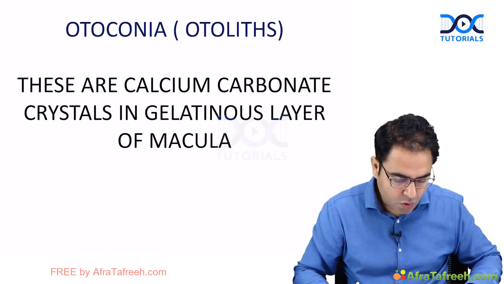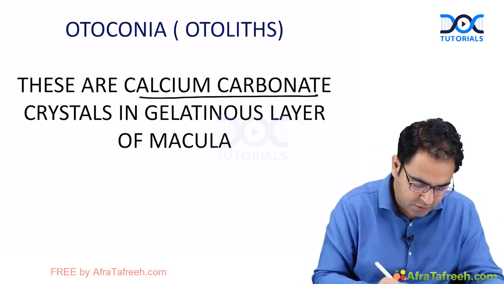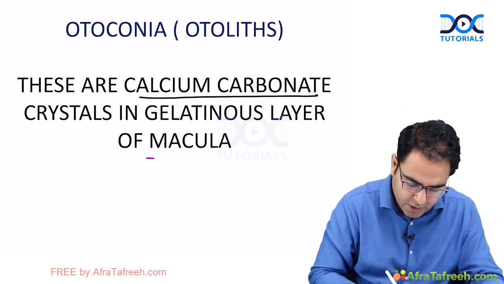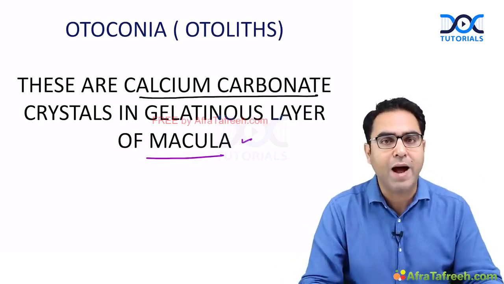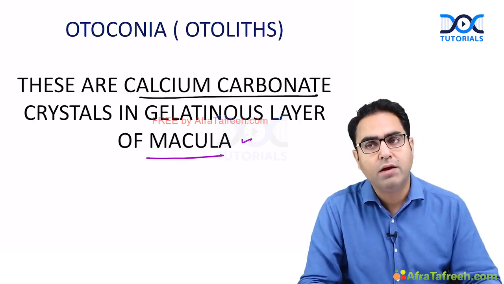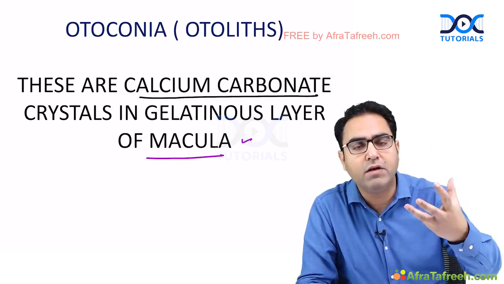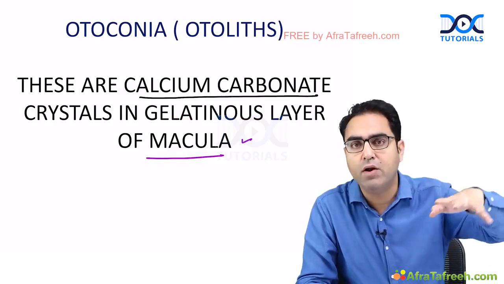This is the normal histology of the macula. But sometimes these otoconia turn free from the gelatinous layer, they come out, fall into the endolymph, and then start floating in the endolymph.